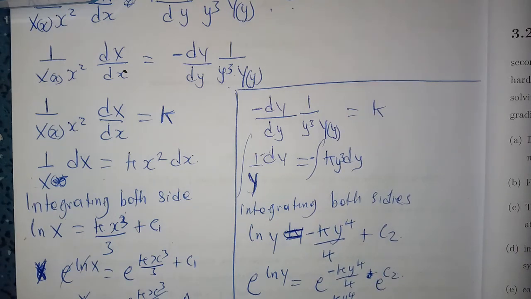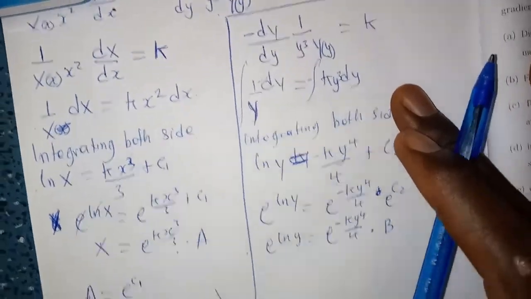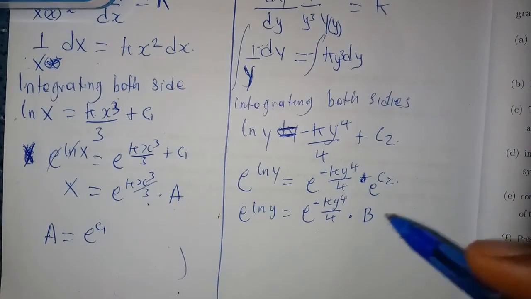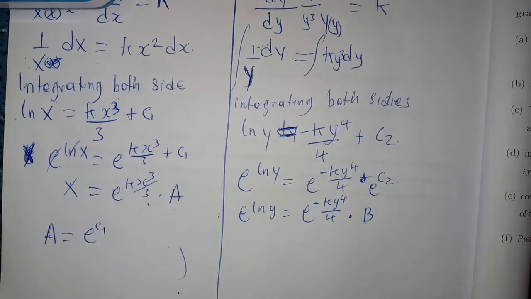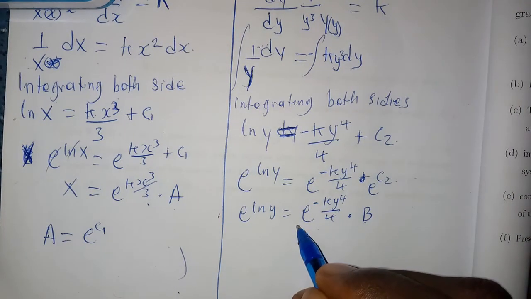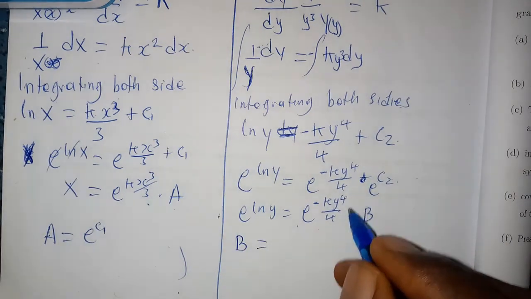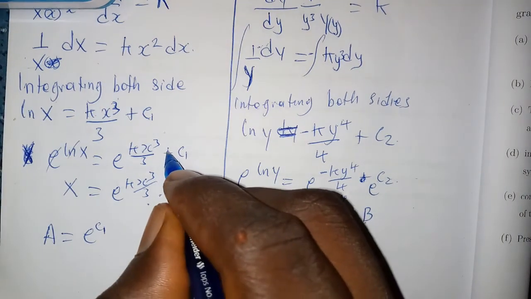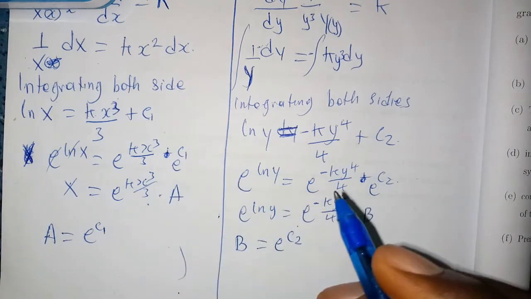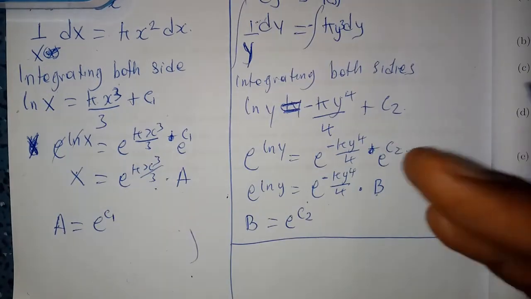It's the way we do for this one. So you can just put b as the constant, representing the constant. So from there we finally get b as our e^c2. So from here, don't forget e^c1. So finally, I haven't gotten that.